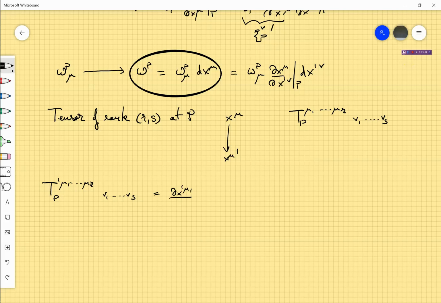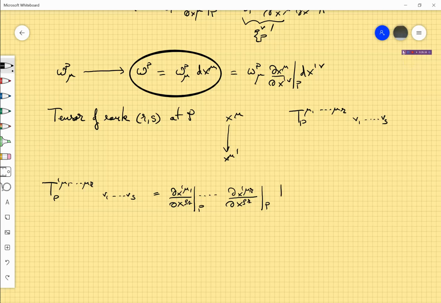Now I have as many factors of this kind as contravariant indices, so all these factors are Jacobian matrices evaluated at P, and I have r of these indices, then I have r factors like this.